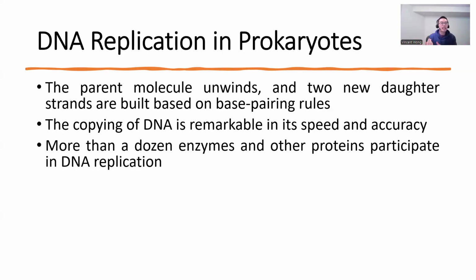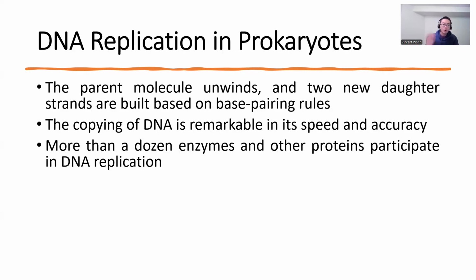Now, this process is actually really, really fast for prokaryotes. The speed is up to 1,000 bases per second, so 1,000 ACTGs every second. And in the case of E. coli, it has a total of about 4 million base pairs. So it doesn't take too long to copy all of its genetic material. It's a little bit slower in eukaryotes.